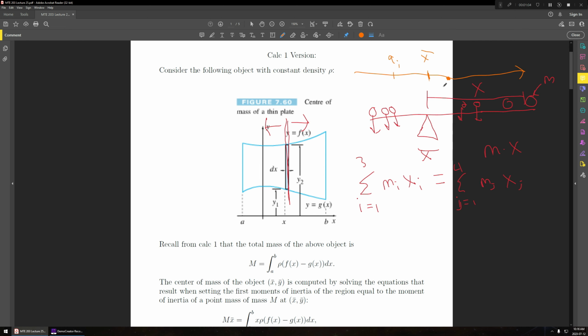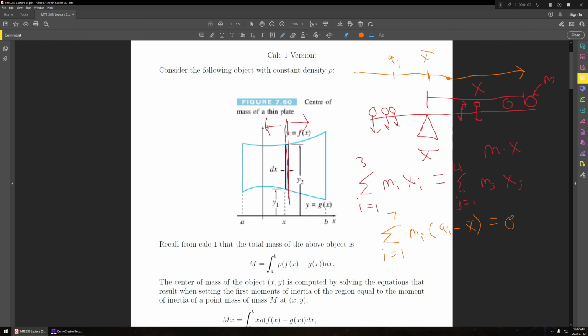So here, if I want all the forces to balance, what I now have is the sum from i equals 1 up to 7 of the mass of each point multiplied by the amount of force difference that I have. So this is going to be the a_i position minus my x bar position.